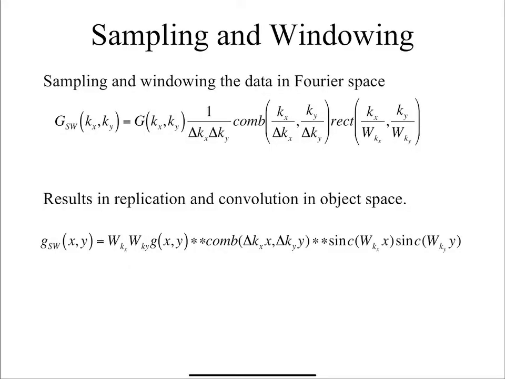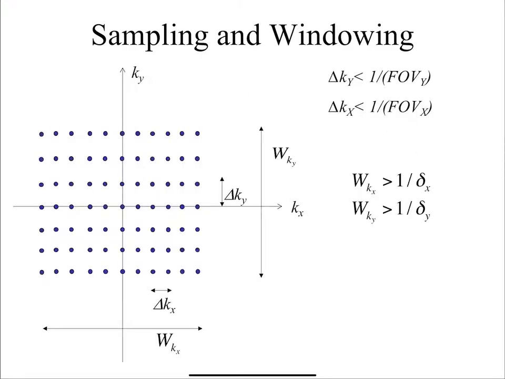So let me just jump ahead. What we're going to come up with is this, and then we'll go back to those slides. The design equations you're responsible for in this class are that if you're given the FOV, then you know that delta K is equal to 1 over the field of view.